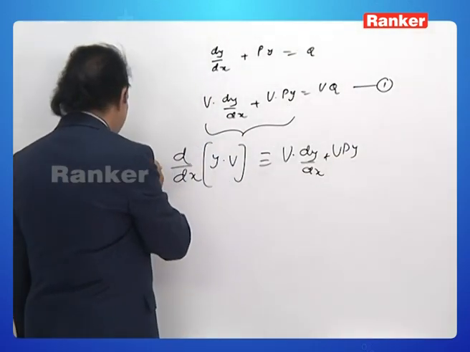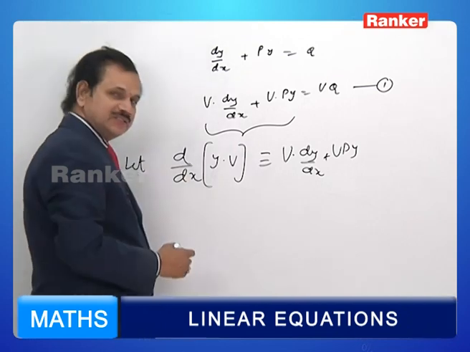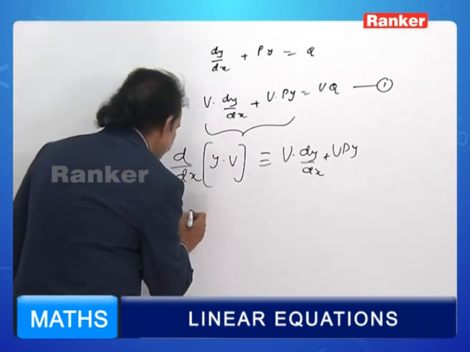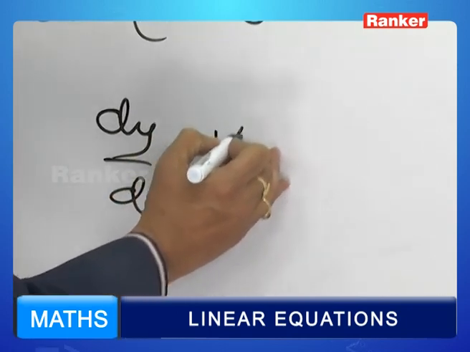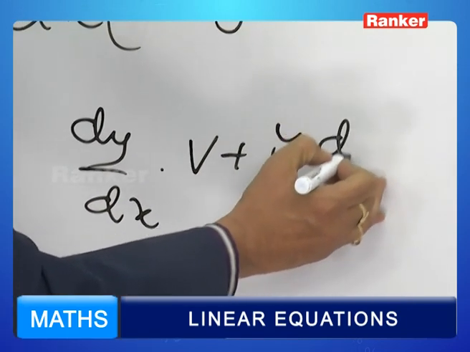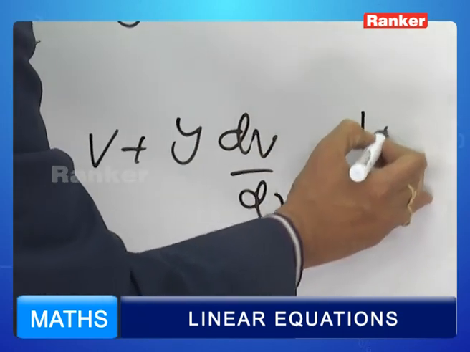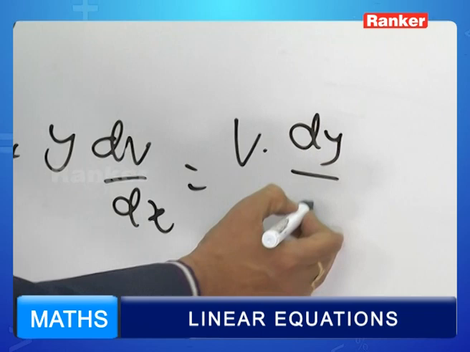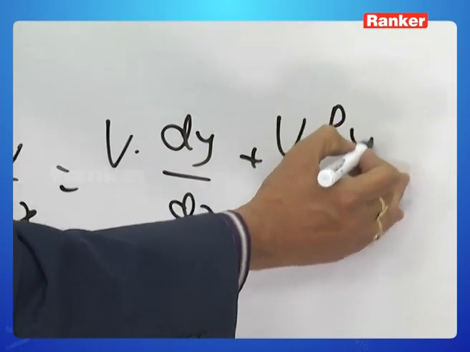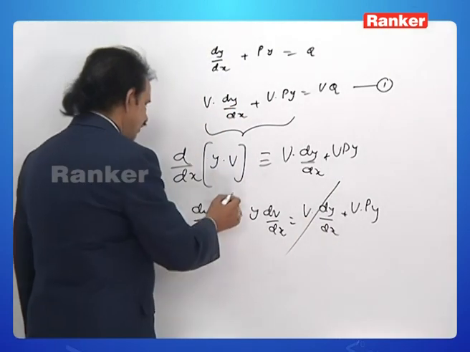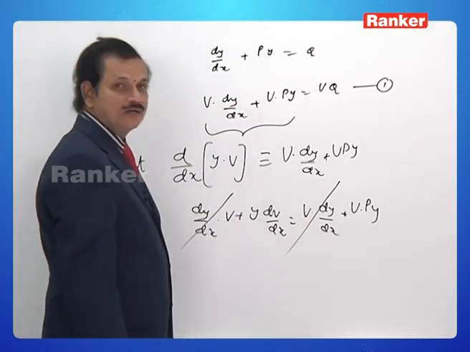Let me assume like that. Come on, simplify this LHS. dy by dx into v plus y into dv by dx is equal to v into dy by dx plus v into py, so that you can cancel this v into dy by dx.